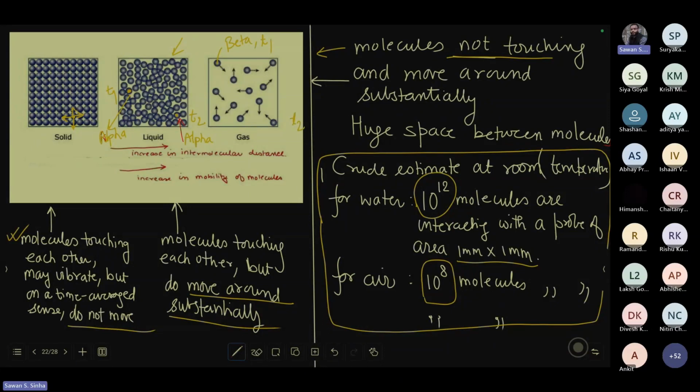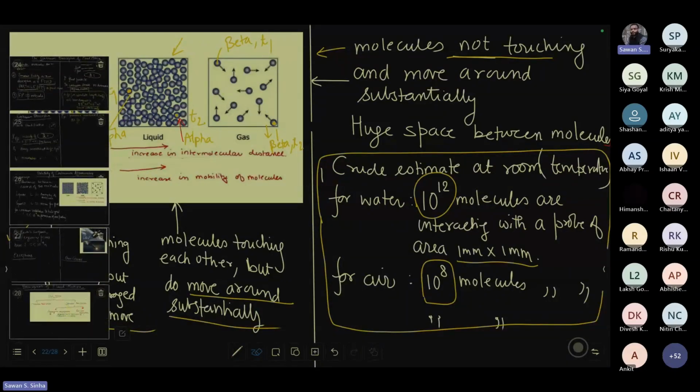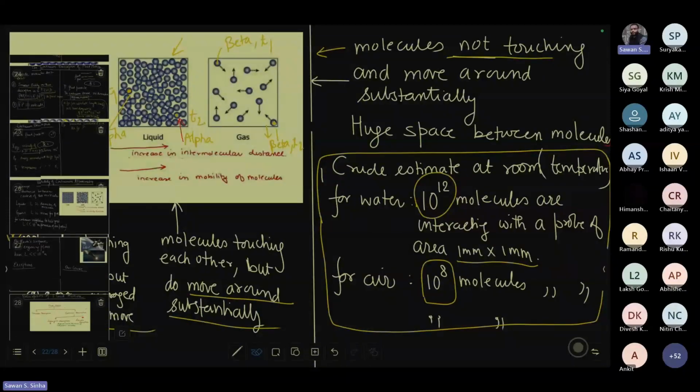It might have even gone out of this box, but within the scope of this diagram, I will say maybe beta at T2 will come here, right? So this picture will help us understand what the limitations of this continuum description is. Let's go back to this slide.